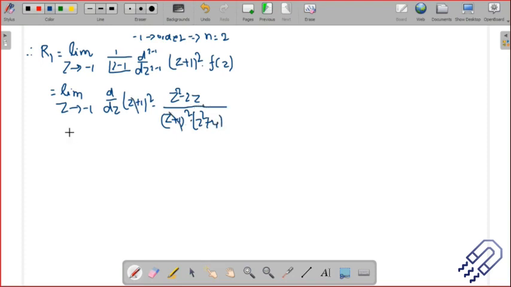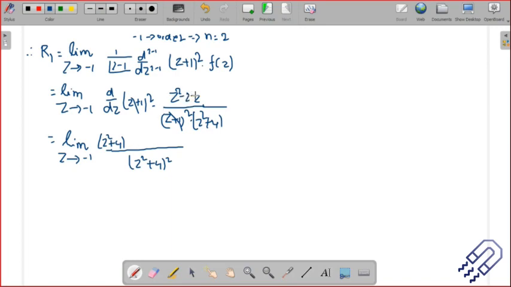And this is a u by v form, and all of you have to just recall this. I hope all of you remember this. When you take u by v form, that means you take v square at the denominator, so you can do (z square plus 4) whole square, and then on the numerator it will be v, that means (z square plus 4) into d/dz of u.